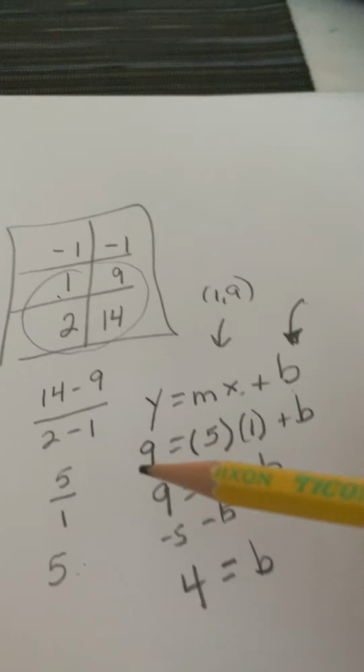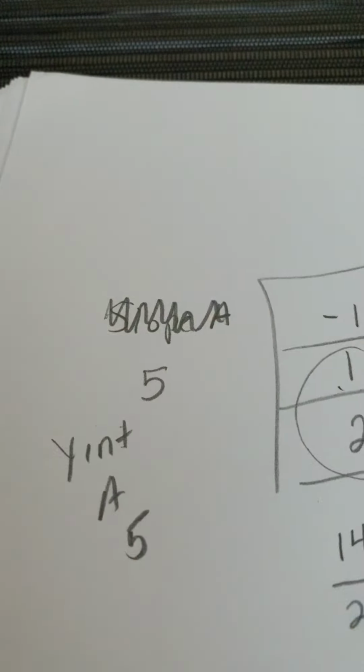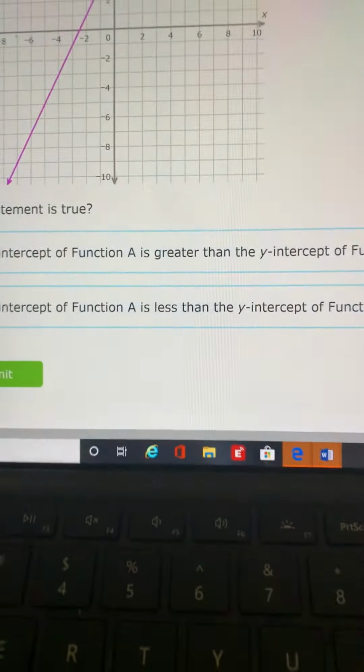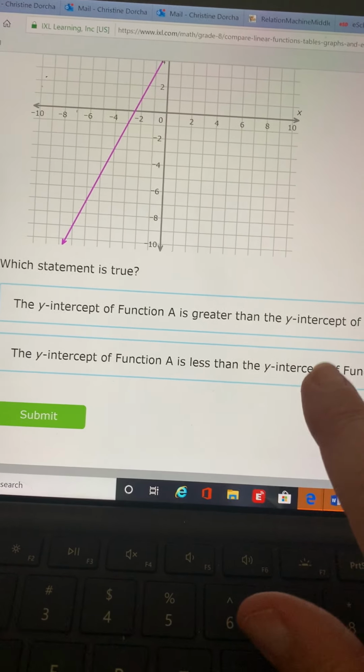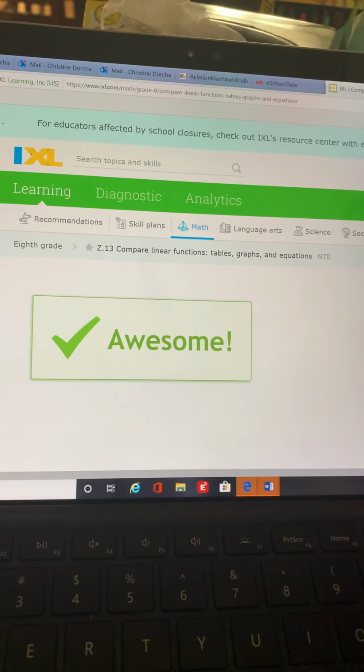So, not the slope of A, the y-intercept of A. Y-intercept of A was 5, my apologies. And the y-intercept of B is 4. So when we go back over here, the y-intercept of function A is greater than B. That is correct.